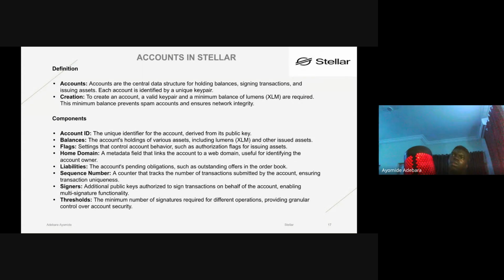But when talking about the blockchain, remember that the blockchain is a decentralized system where no one has control over it. So that means if you lose your private keys to your account, it automatically means you've lost your assets in that wallet.